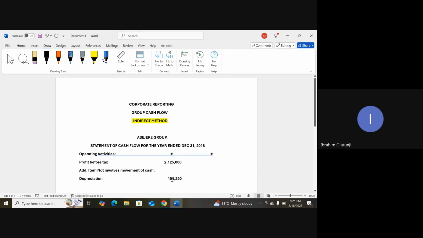So you have to add it back, because before we can arrive at profit, for accounting purposes we have to deduct depreciation because it's part of our expenses. We are deducting depreciation as an expense before we get our profit. Then if you are doing your cash flow, you have to add it back.